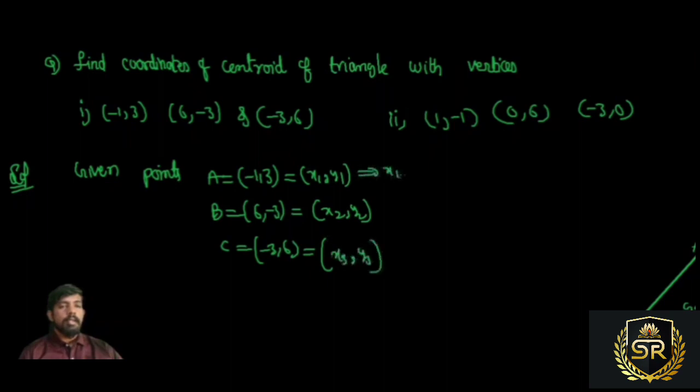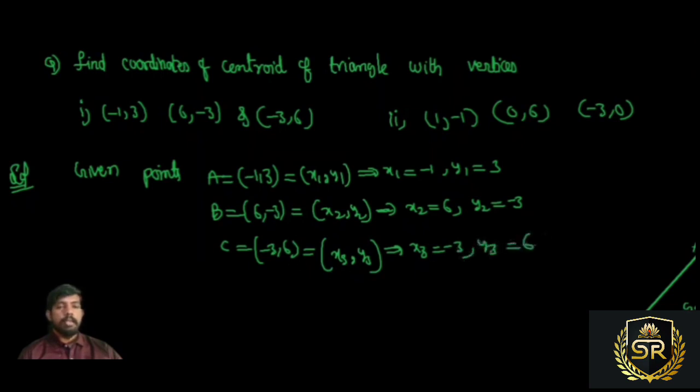Here x1 is equal to minus 1, y1 is equal to 3, x2 is equal to 6, y2 is equal to minus 3, x3 is equal to minus 3, y3 is equal to 6.